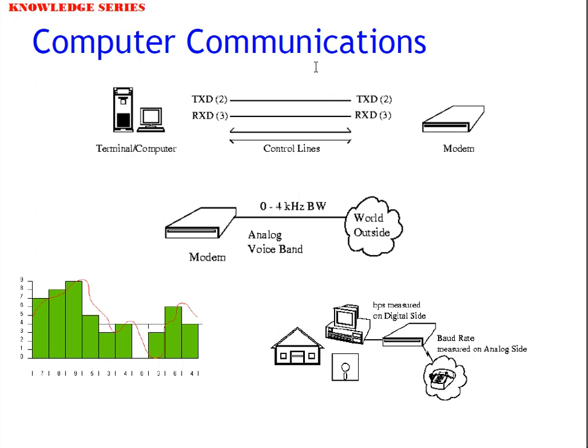Tele means distance, so telecommunication is distance communication, and data is nothing but information. When you talk about telecommunications, we have the telephone, radio, television, mobiles; all these come under telecommunications.